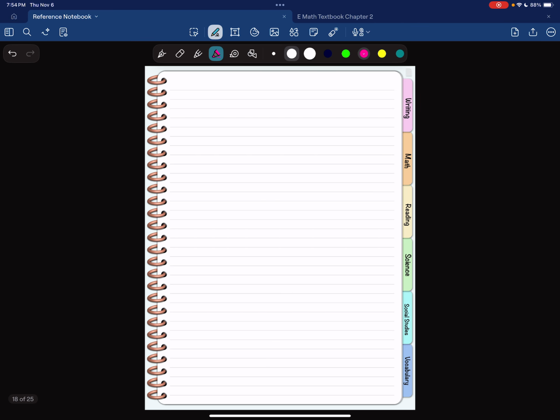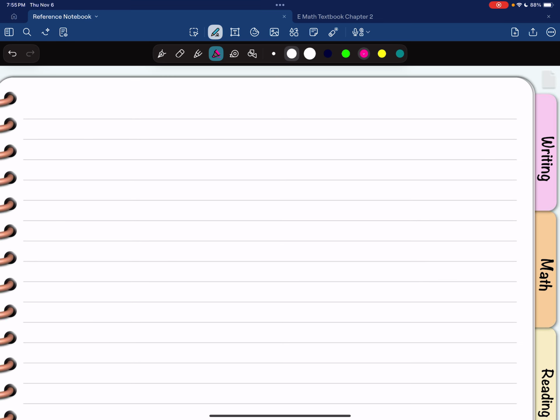On the next blank page, I want you to call this page, let me think of a good title. Let's just use the one they used: Using Models and Equations.